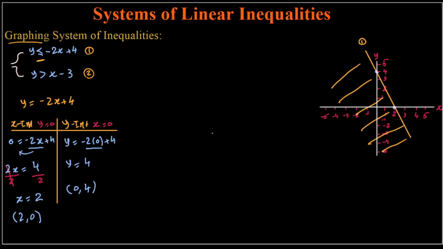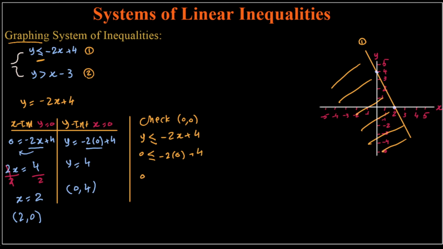The second way is we can take a point from our coordinate plane. The easiest point is 0 and 0. x and y should be 0. So let's check them. We have 0 and 0. Put 0 points in the first inequality. We have y less than negative 2x plus 4. Just substitute zeros. 0 less than negative 2 multiplied by 0 plus 4.